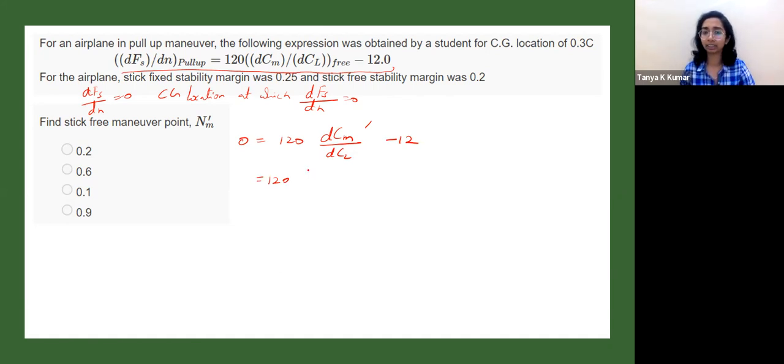In terms of neutral point and CG, what was the equation? DCM upon DCL is X bar CG minus X bar NP, correct? In this case it's stick-free, so it's the stick-free neutral point. Is this clear? Till here, is it clear?